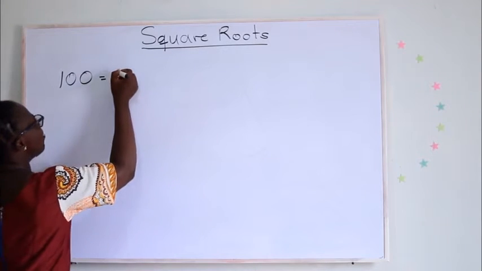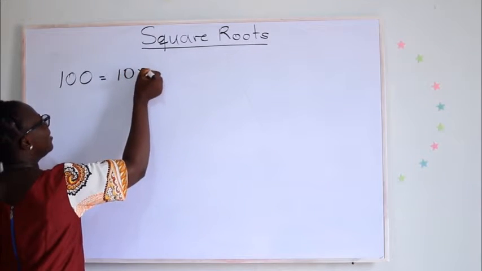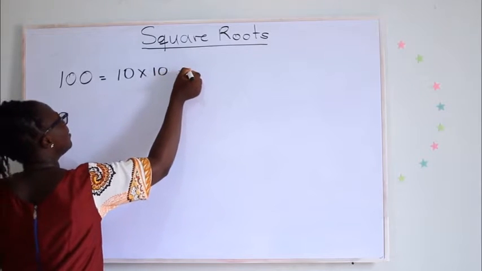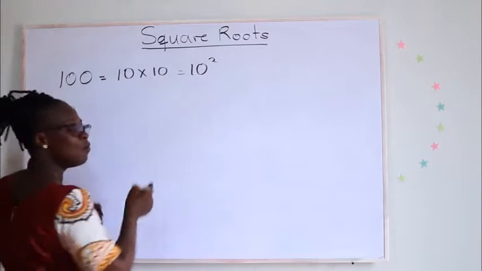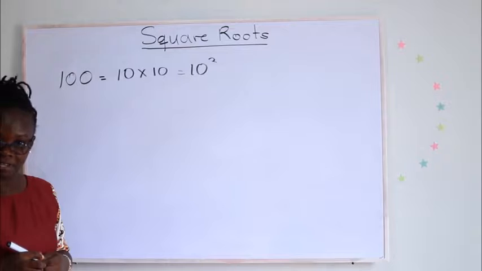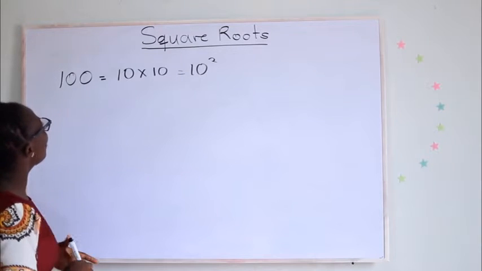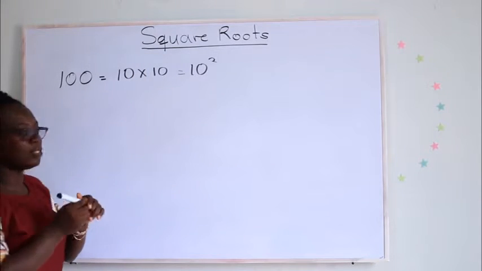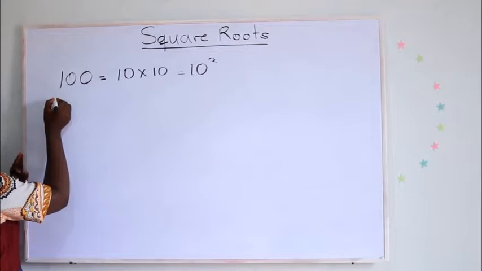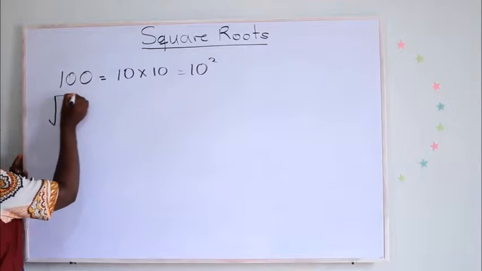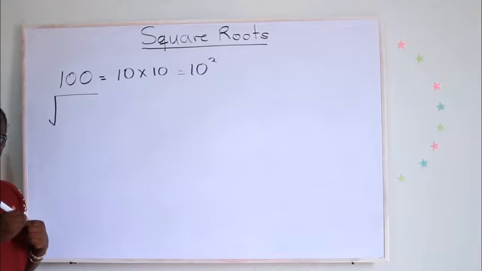Very good. So when we multiply 10 times 10, which is 10 squared, we get 100.